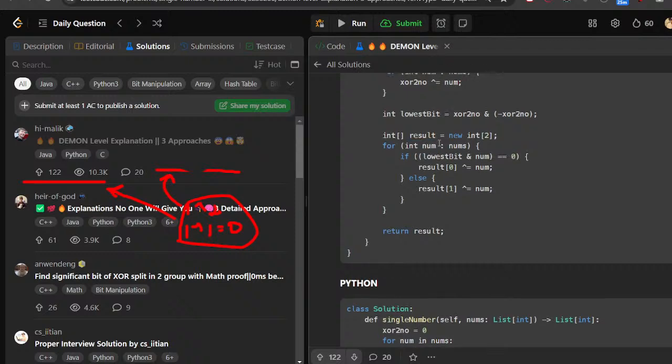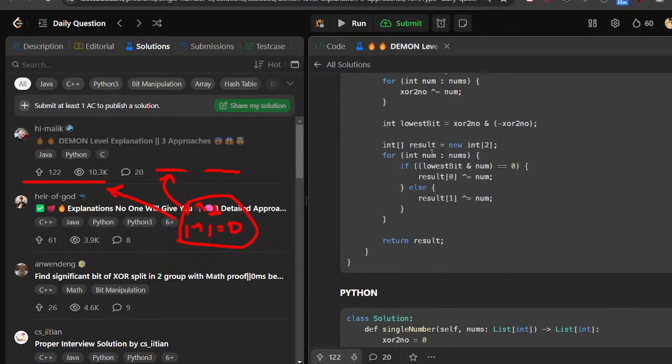Int num in nums again. Okay. So what is happening is for that nums and lowest bit, this equals to 0. Since nums contains even values, it will become 0.